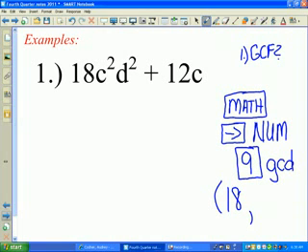You have to put the comma in between because the calculator will not know the difference between 18 and 12 versus 1,812. So you're telling it you want to find the greatest common divisor of 18 and 12. You can close the parenthesis if you want, or you can leave it open. In this case, it doesn't matter. Once you do that, hit enter.